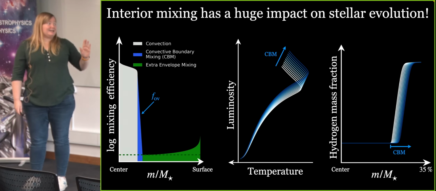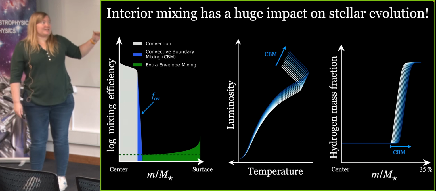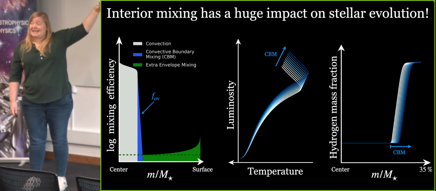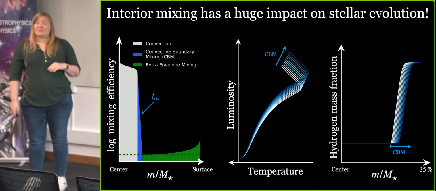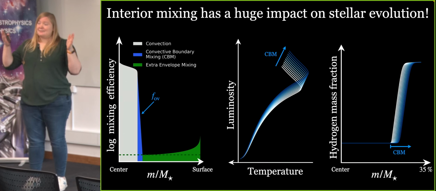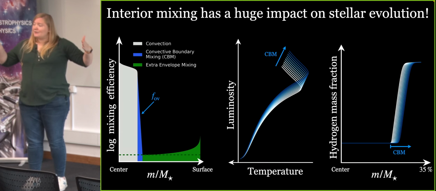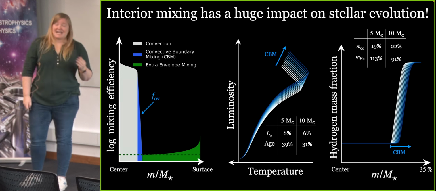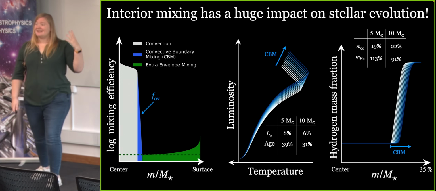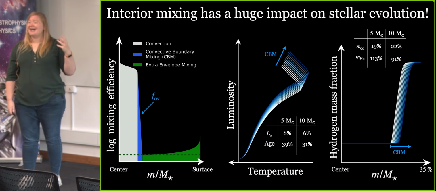What you see is, on one hand, the stars' main sequence gets extended and they become brighter if you have more convective boundary mixing, but we're also increasing the size of the convective core. To put some numbers on it, going from minimum to a high amount of convective boundary mixing, we're looking at about a 40% increase in age, the amount of time the star spends on the main sequence, just from having this convective boundary mixing.